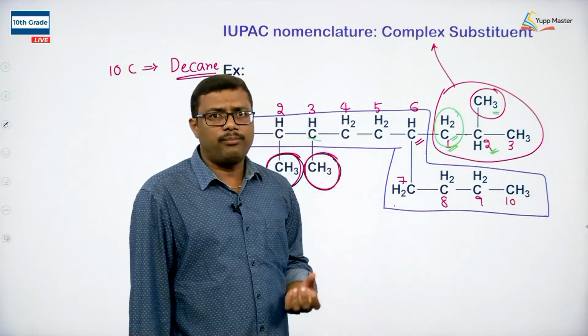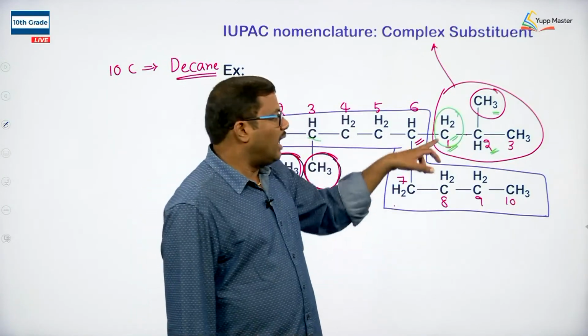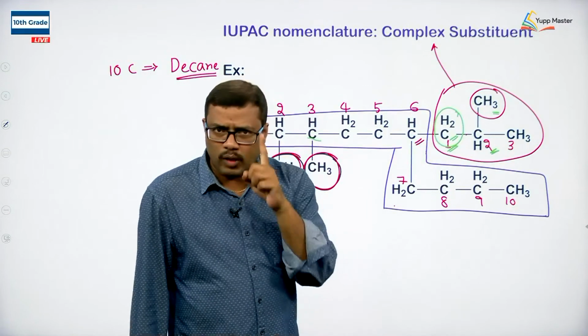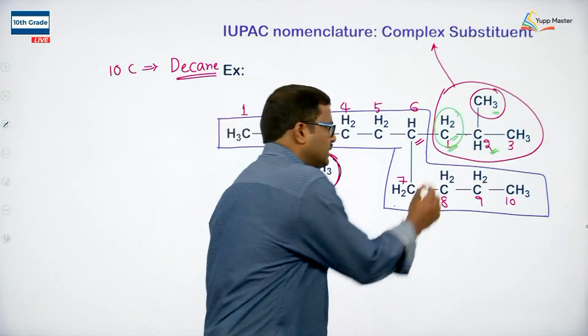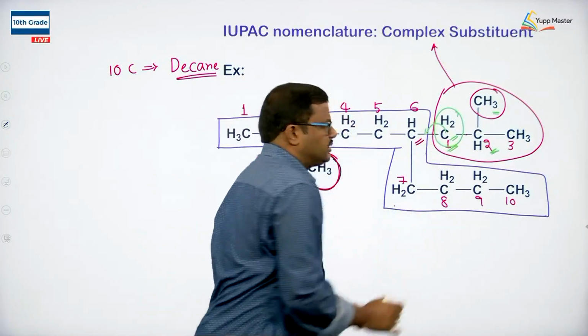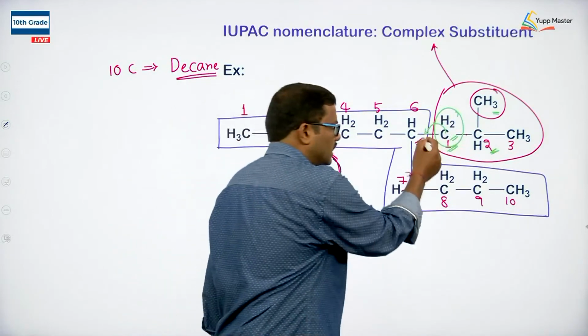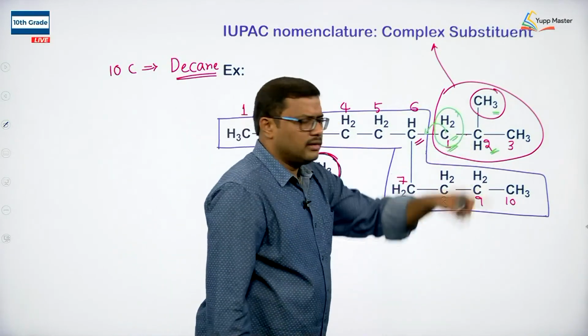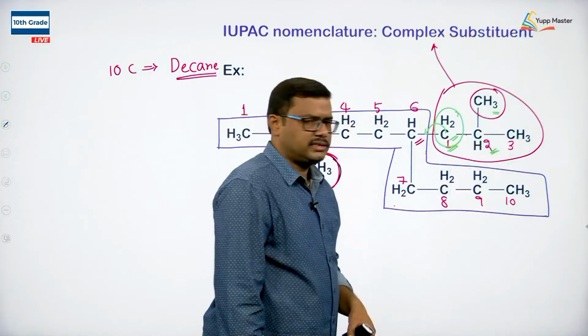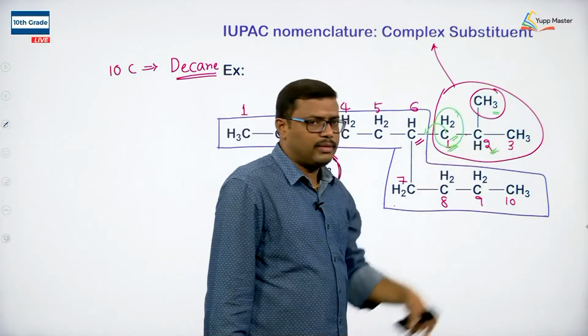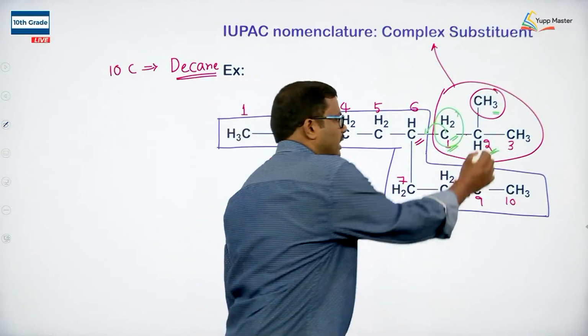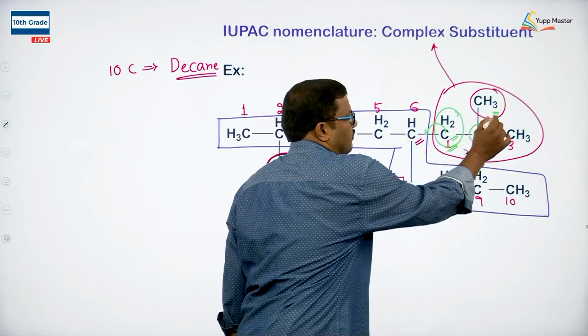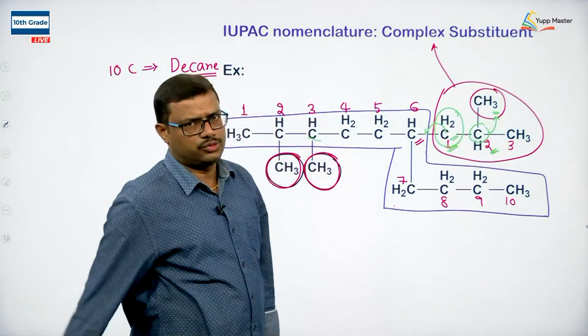How to number them? Always give number 1 to the carbon that is directly attached to the parent chain. Then write the numbering in the other direction and select the maximum number of carbon atoms in that direction, and then again identify the location of the substituent present in the complex substituent.